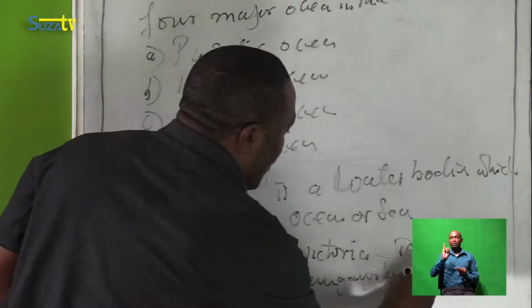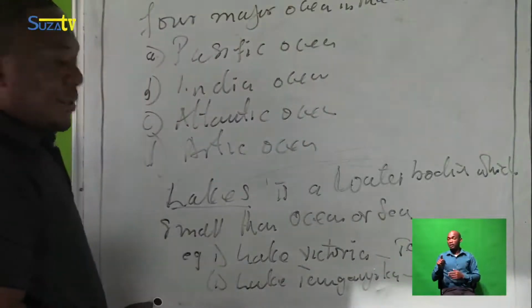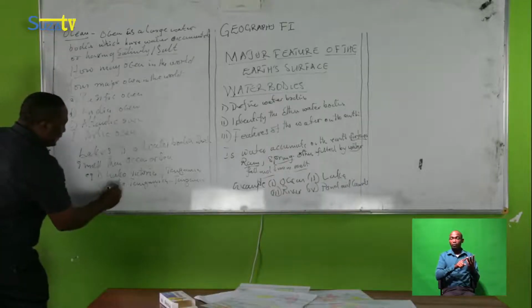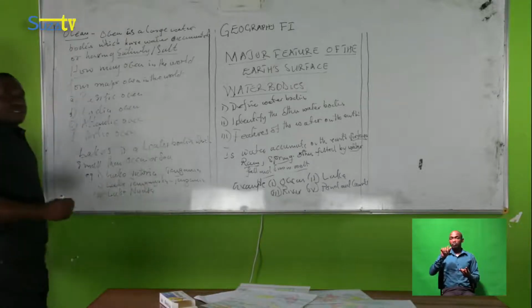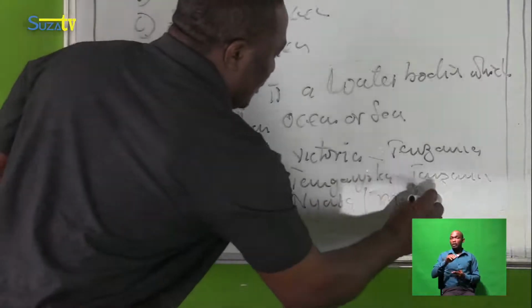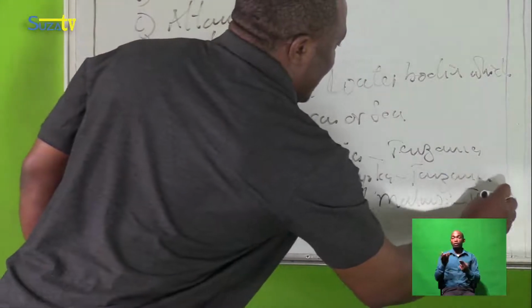Also this is available in Tanzania. Third one is Lake Nyasa. My students, this is sometimes called Lake Malawi. Also this is available in Tanzania.